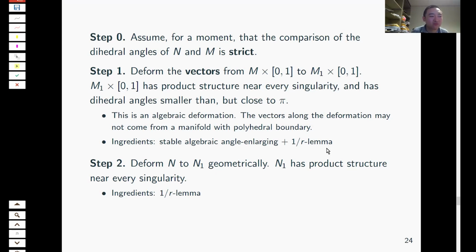So now we can just deform N to N1 geometrically. So keep in mind, in the boundary condition for the N vectors, no compromise, they have to be geometric, and that's what we can do. Okay. And this N1 will have product structure near every singularity. And after that, during the process, the index is constant because of the 1 over r lemma.